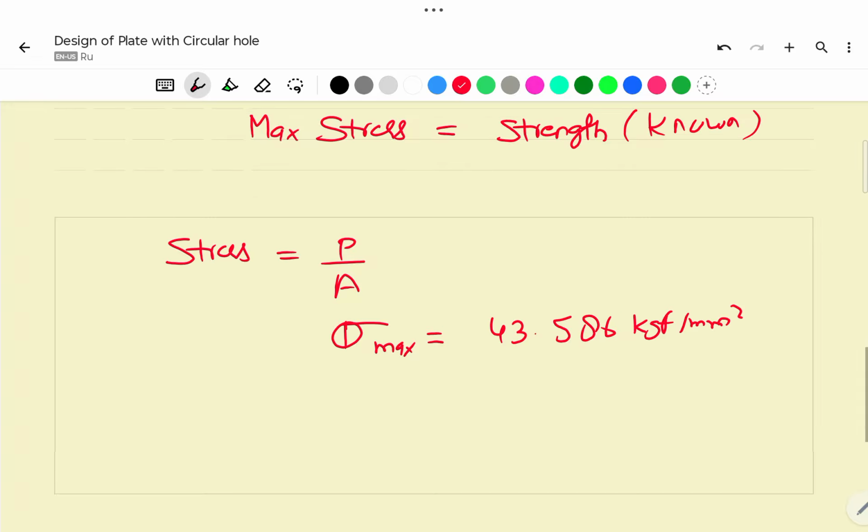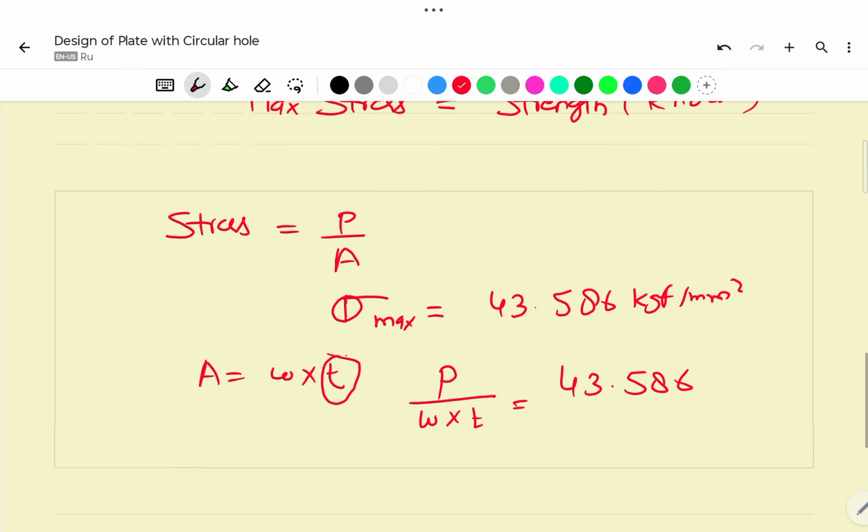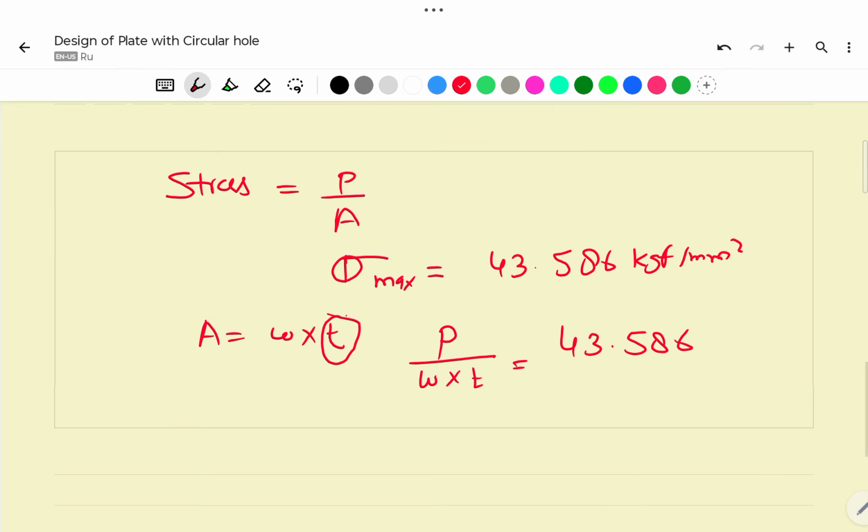What is the area? Area is always width into thickness, and here thickness is unknown. So sigma is equal to P by W into T, equal to 43.586. Here load is known, width is known, thickness is unknown.